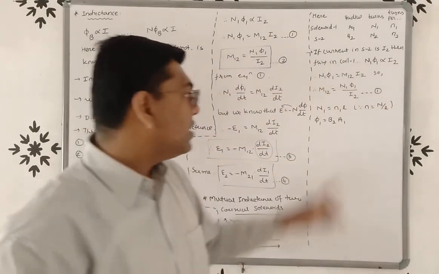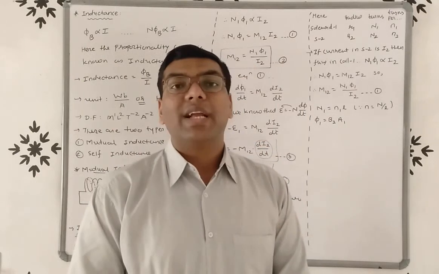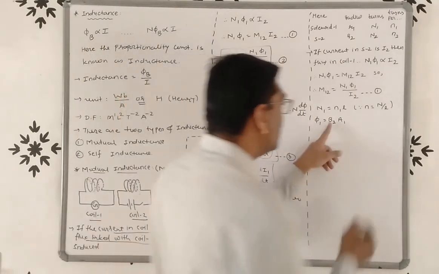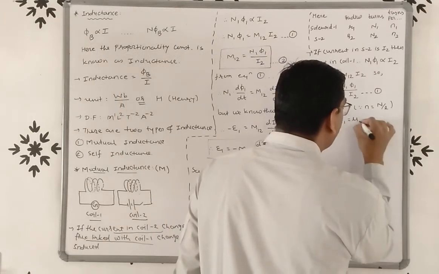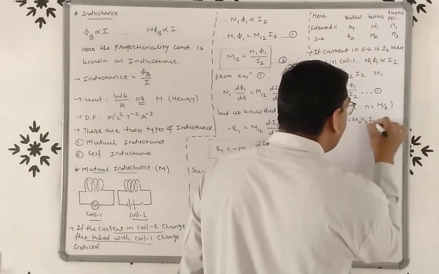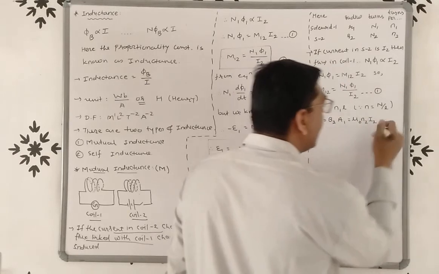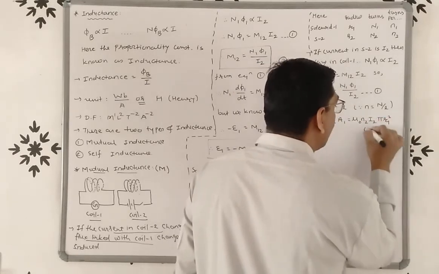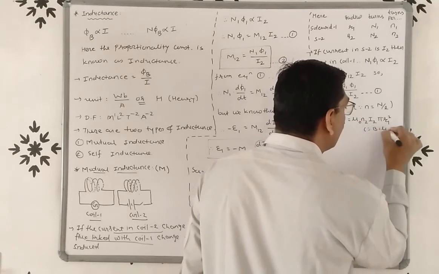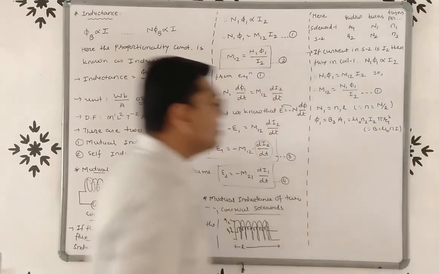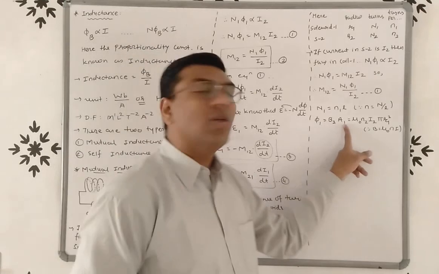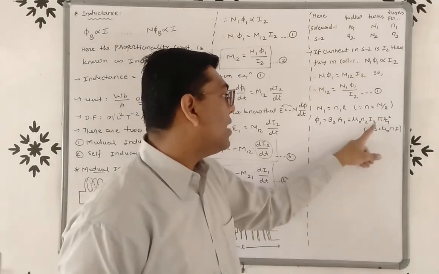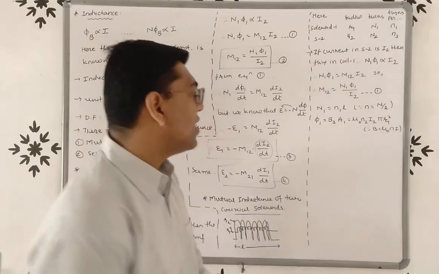We already know the magnetic field for a solenoid: B is equal to mu 0 n i. So B2 is equal to mu 0 n2 I2, and the area is pi r1 square. So phi 1 is equal to B2 into A1, that is mu 0 n2 I2 times pi r1 square.